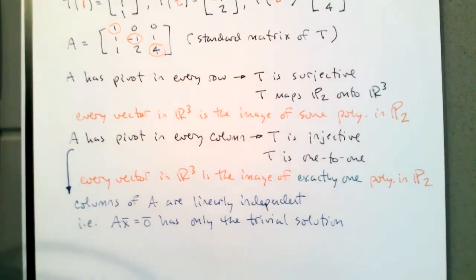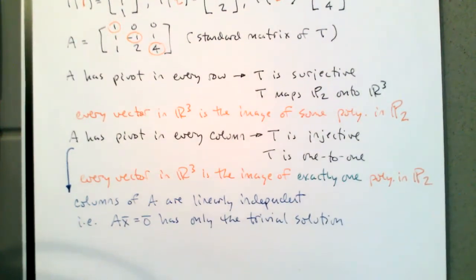The word only is critical. When you say that Ax equals 0 has a trivial solution, it always has a trivial solution. The question is not, does it have the trivial solution? The question is, are there non-trivial solutions? So when we say Ax equals 0 has only the trivial solution, that's what it means when the columns of A are linearly independent.